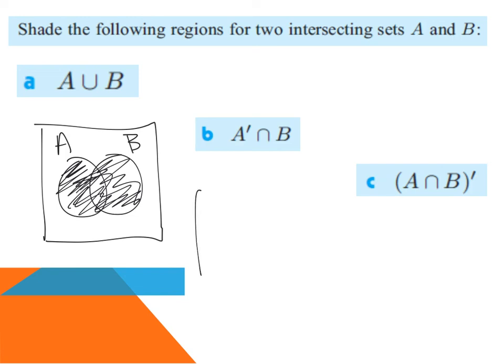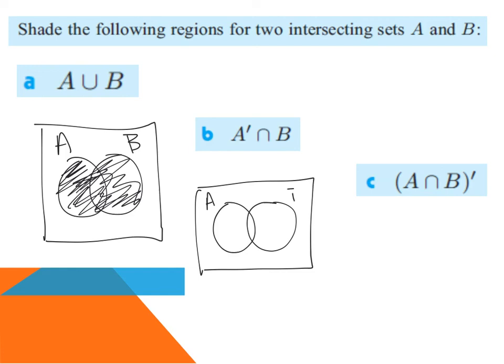Then here we have the complement of A intersect B. So here's set A, here's set B. And one way you can do this is to shade different colors. So if I shade the complement of A in red, so that's everything that's not in A, I'm going to shade everything that's not A in red.